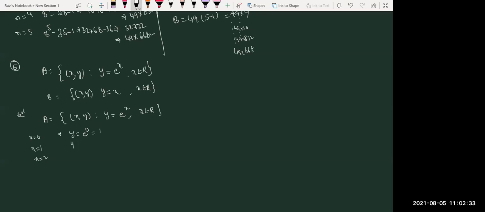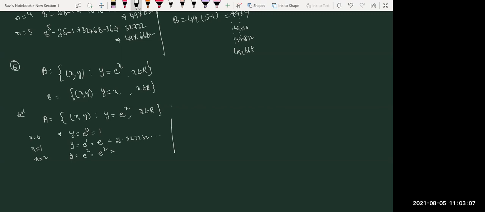X equal to 1, e power 1. Y equals e power 2, e square. You know the value of e, 2.32 approximately, and its square will be 4 point something.